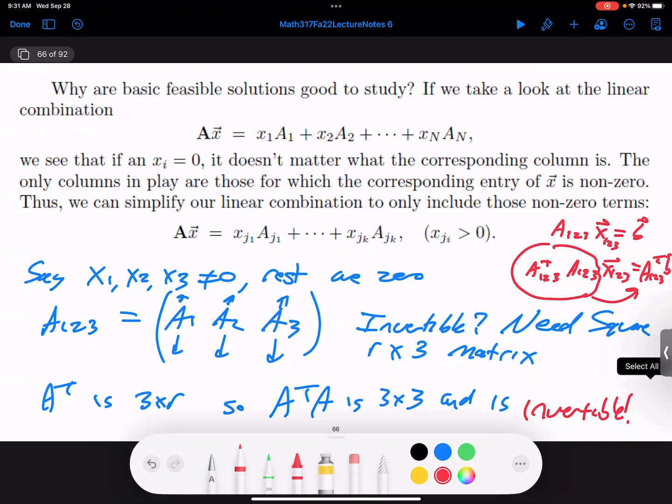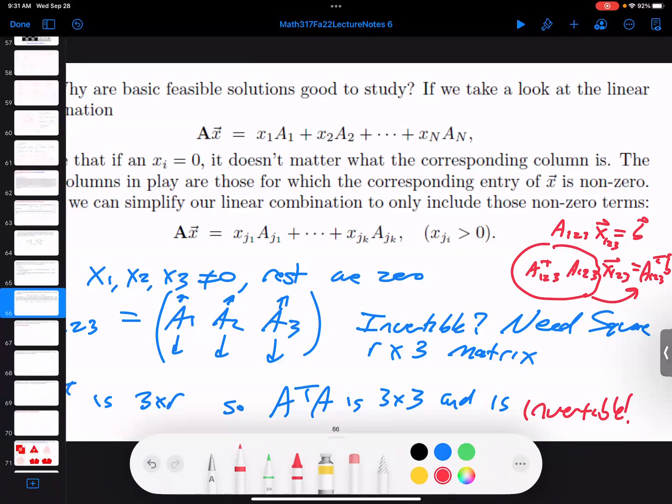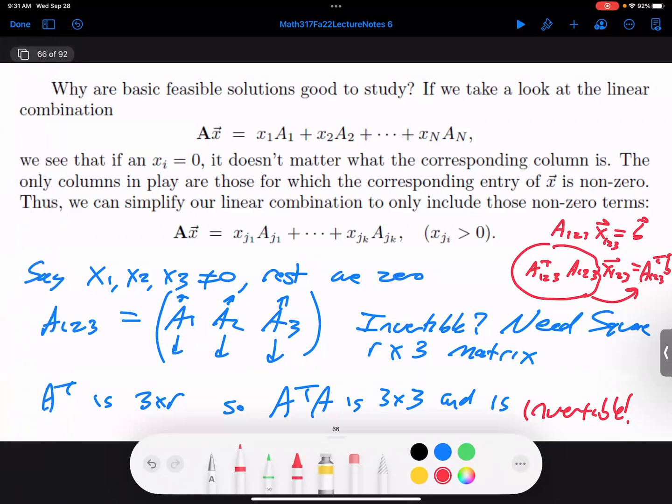And then when I tried to solve things, A transpose A would be a 1 by 1 matrix. It would just be a number, it would be too small. And so what we need is the number of independent columns to essentially be the same as the size of B. It is a hyper-technical point to worry about.